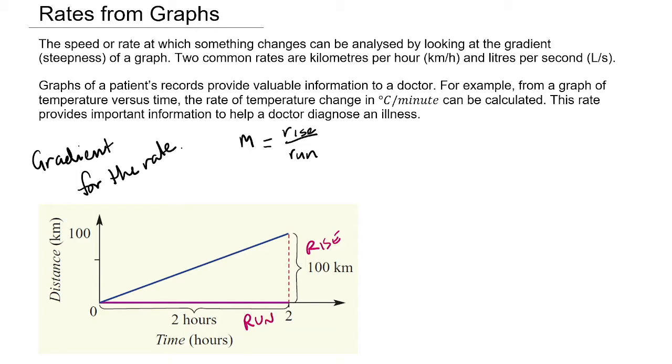In this particular problem, our rate or our speed is still rise over run, and we do it exactly the same way as we would for gradient. I'm going to put in my rise of 100 and my run of 2, and I'm going to get 50 kilometers per hour, and that is how we're going to find some rates today.